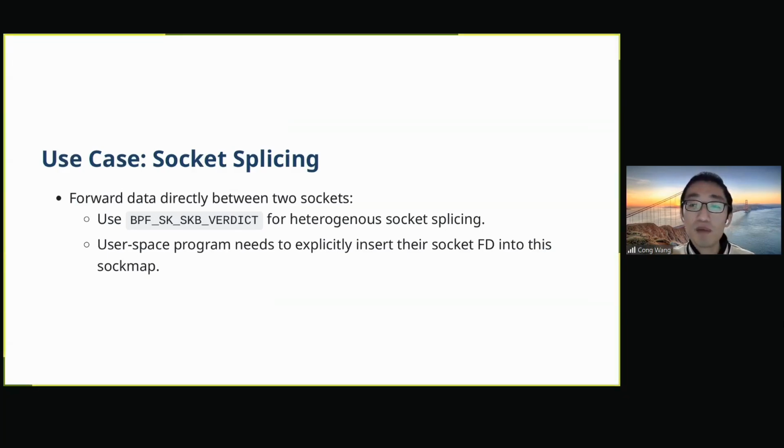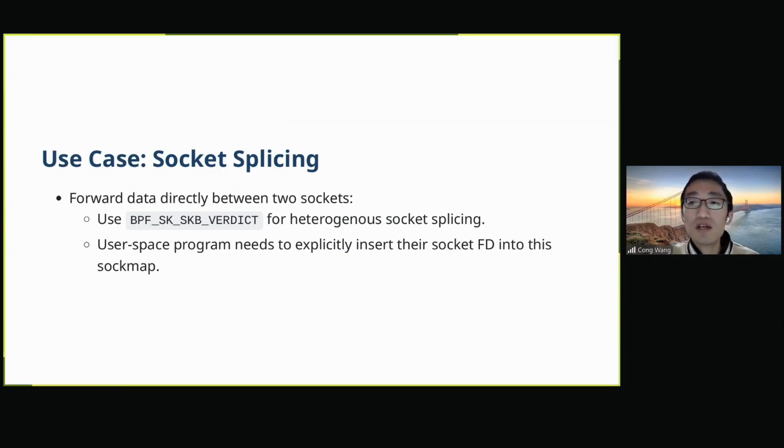The socket splicing I'm going to talk about here is where we just want to forward data between different sockets stored within the same socket map. Here, to simplify the example, I just provided two sockets. I know it's probably not realistic, however I just want to give you a very brief idea of how we should splice two sockets together.